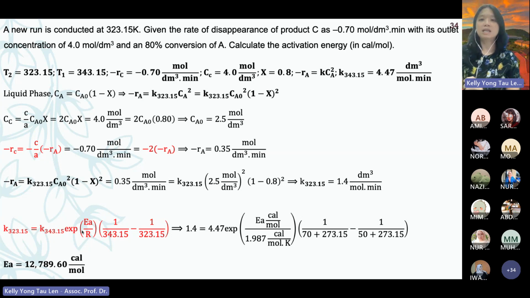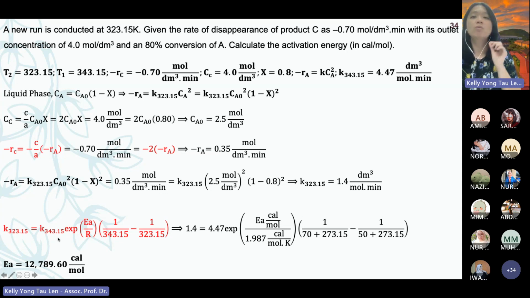Okay, kita tengok belah kiri dahulu. K1, kita ada tak K1? Okay, remember, kita kan ada nilai K pada suhu lama kita sebab dalam part A kita dah solve, right? Kita dah solve pada suhu yang asal, which is 343.15. Kita dah tahu nilai K daripada part A, which is this one, 4.47. Part A dah beritahu pada suhu lama 343.15, nilai K kita 4.47.